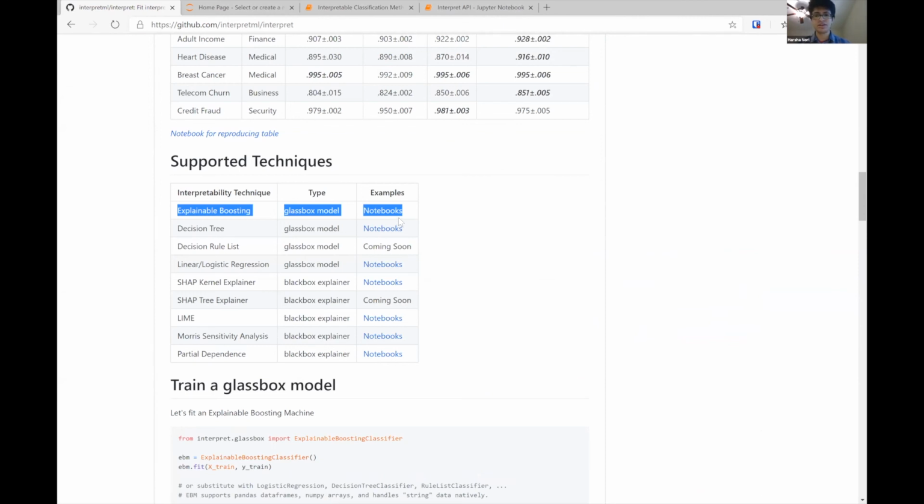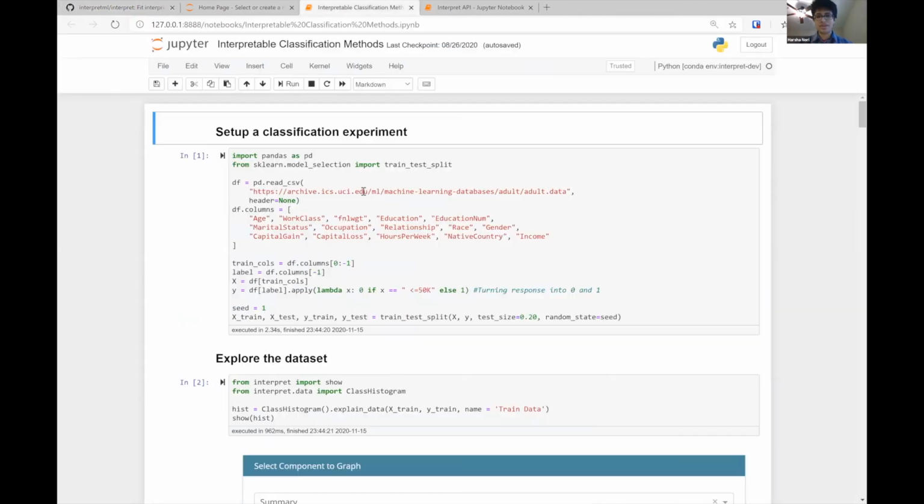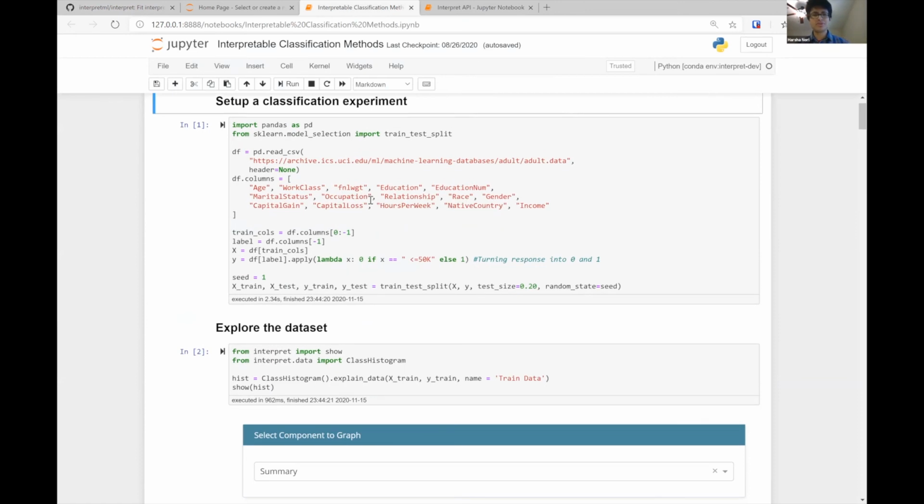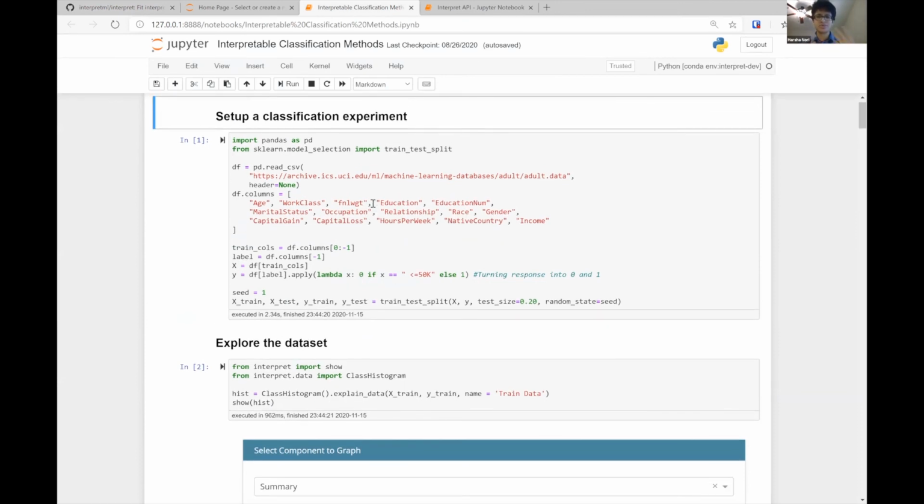So if you want to copy-paste this code, reuse it, or just look at these notebooks, they're all found on our GitHub page. And with that, I'll be moving pretty quickly through this. I just want to give you an intuition about what the package can offer for you and some basic guidance on how to best use it.